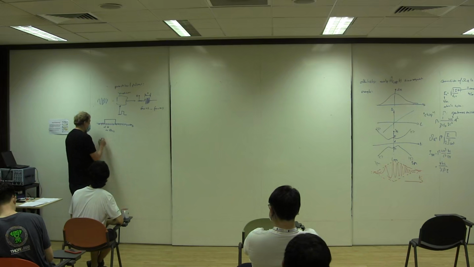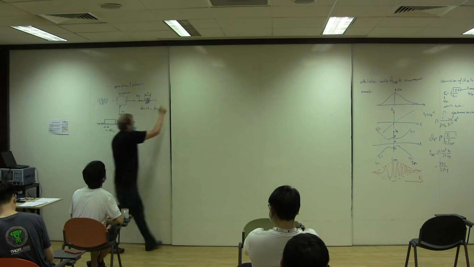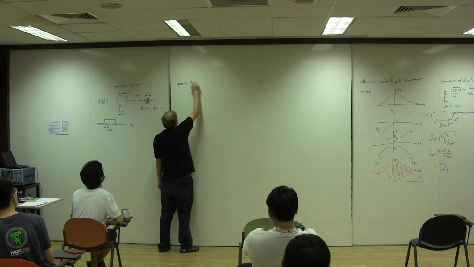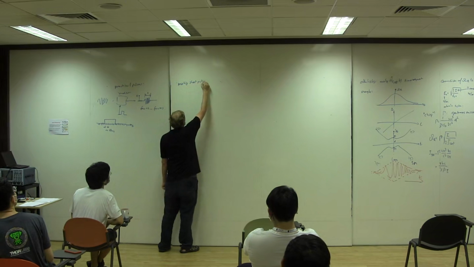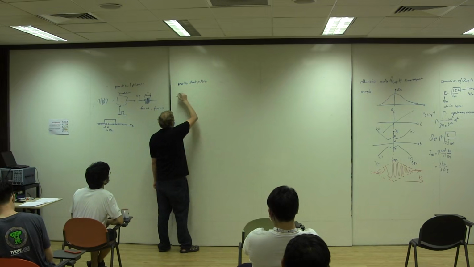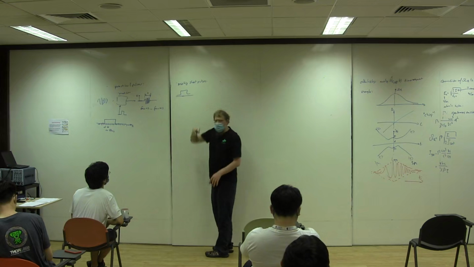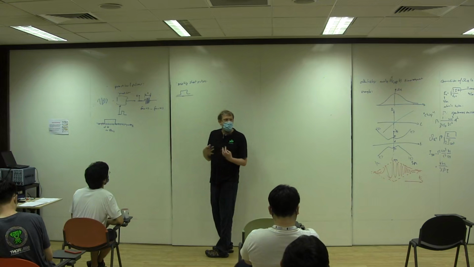One thing you could do for making short pulses is to use a long pulse and then combine it with a delayed version of it.